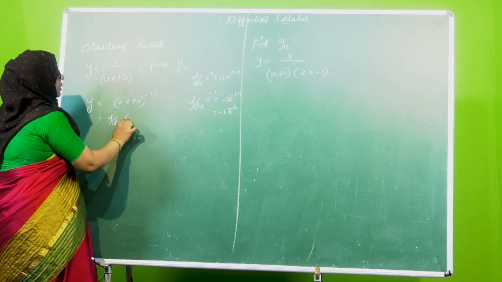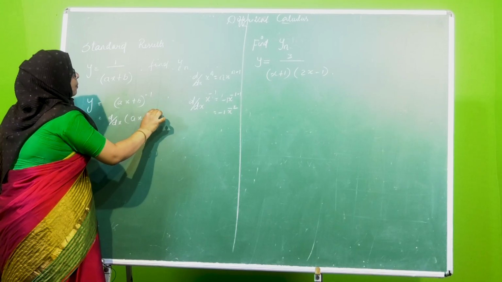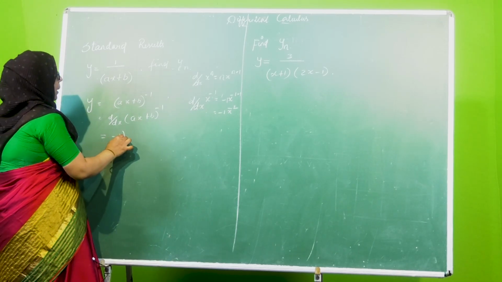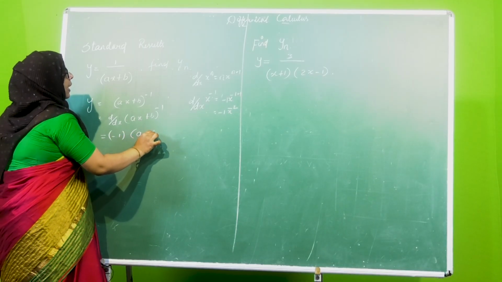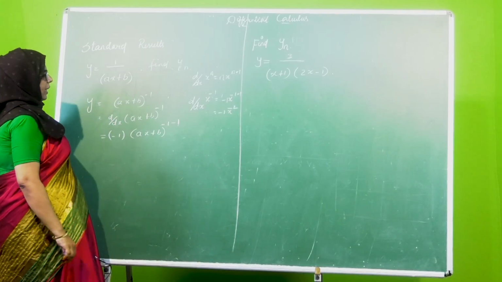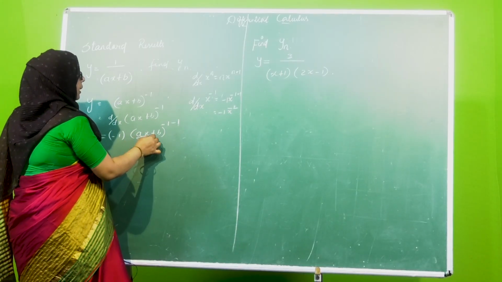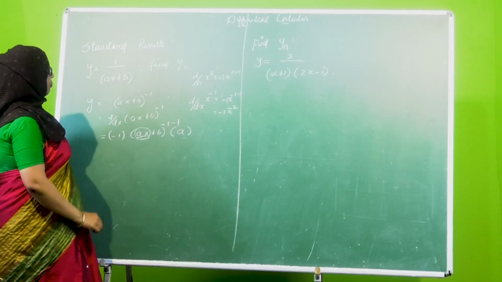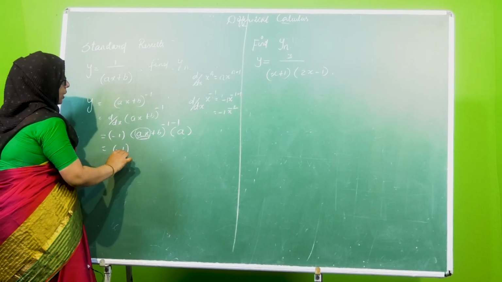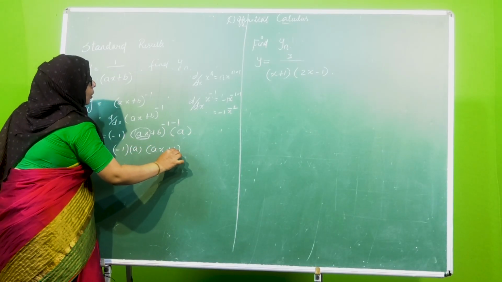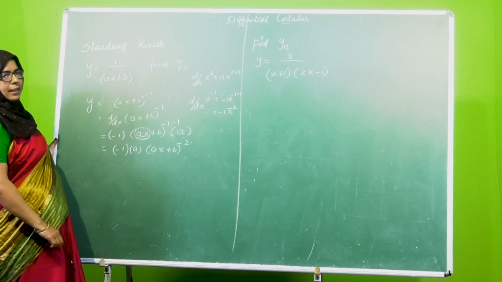According to the result, what is this? D by dx of ax plus b whole inverse, that is minus 1 into ax plus b whole power minus 1 into minus 1, and the derivative of the function of x, that is a. So minus 1 into a into ax plus b whole power minus 2.